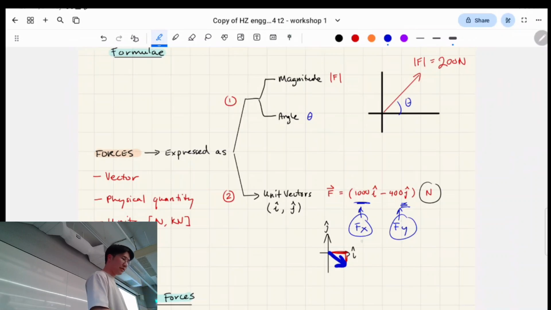We call those fx and fy respectively, right? So if I'm ever saying, what's the horizontal component of this? What's the vertical component of this? It just means what's the magnitude of this diagonal arrow, but only that particular portion of it, if that makes sense.